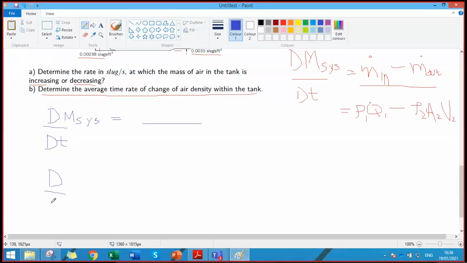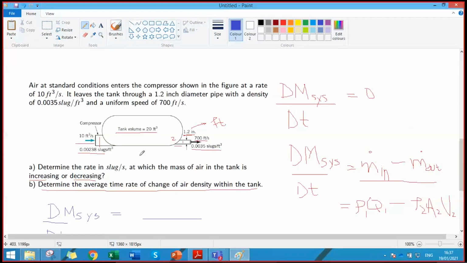Which parameters? Density times volume, right? And we see that the volume of the tank is fixed. It cannot change. It is fixed at 20 feet cube. If it is fixed, it means that it is constant, right?